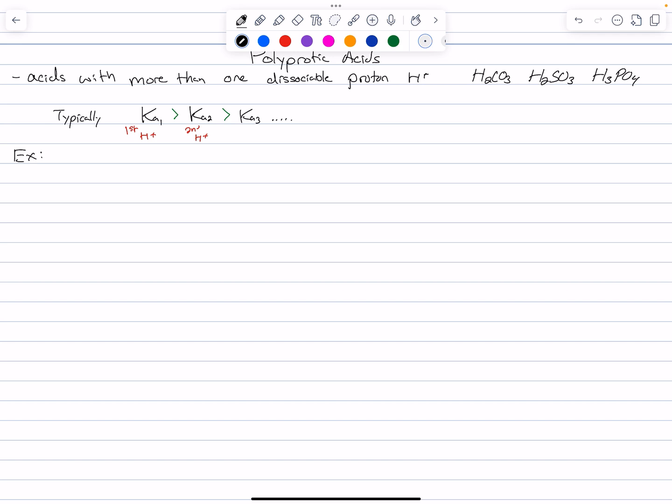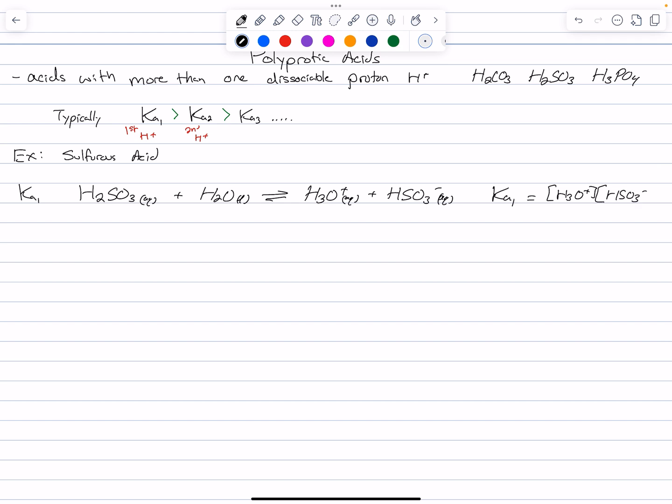For example, we have sulfurous acid. We'll have Ka1, and that would be H2SO3 in solution plus water going to hydronium and hydrogen sulfite. The Ka1 expression would be your hydronium, your hydrogen sulfite, all over your acid.